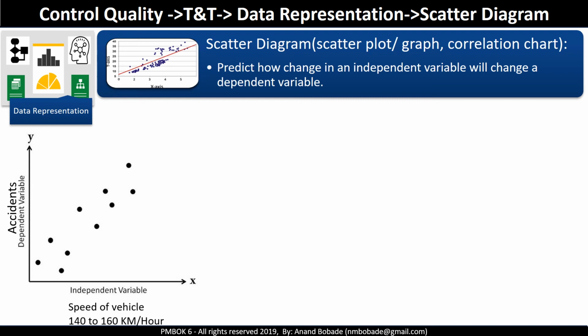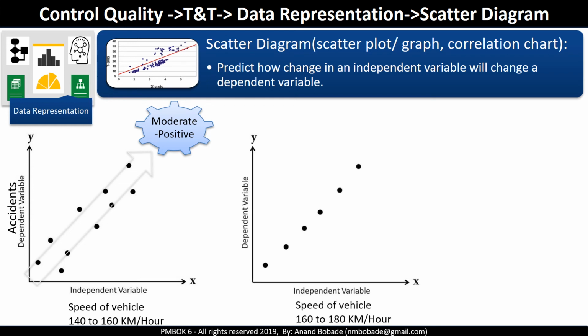In this case, we are analyzing speed between 140 km per hour to 160 km per hour. As you can see the pattern, as speed increases, accidents are increasing. And this is called moderate correlation. So there is a moderate correlation between two data points.